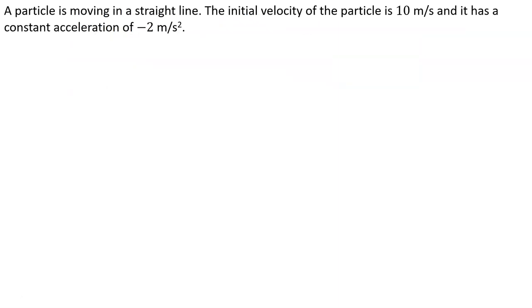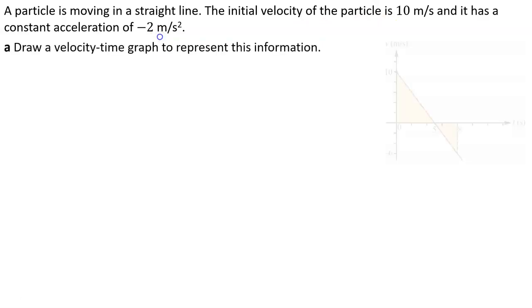In this example, our particle is moving in a straight line, with initial velocity of 10 meters per second and constant acceleration of -2 meters per second squared. I'm not told what time I need to draw my graph up to, but I do know that the line will pass through the t-axis.